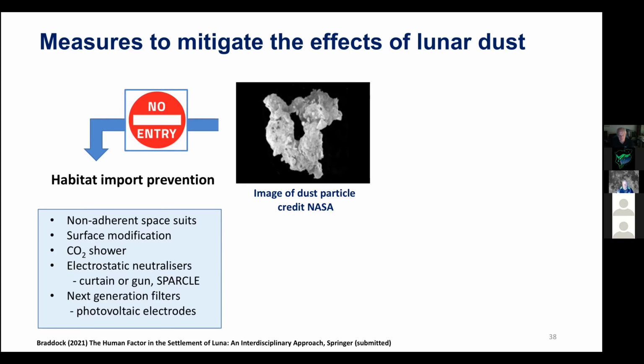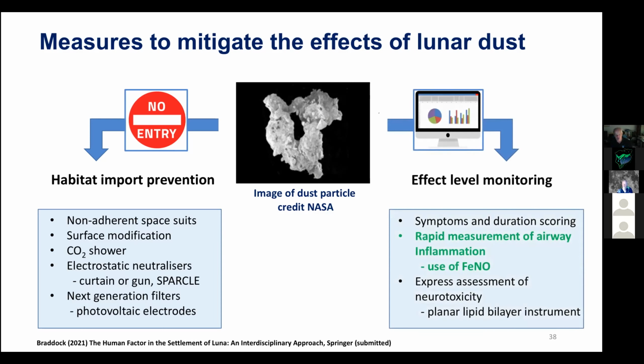And there's a device called a sparkle, which is an electrostatic neutralizer. And then some next generation filters that use photovoltaic electrodes that effectively remove the dust on the basis of its charge. So there's a number of ways of perhaps, if not preventing it getting into the habitat, preventing it getting from an ante-room on the outside of the habitat into where the astronauts live and sleep, etc.